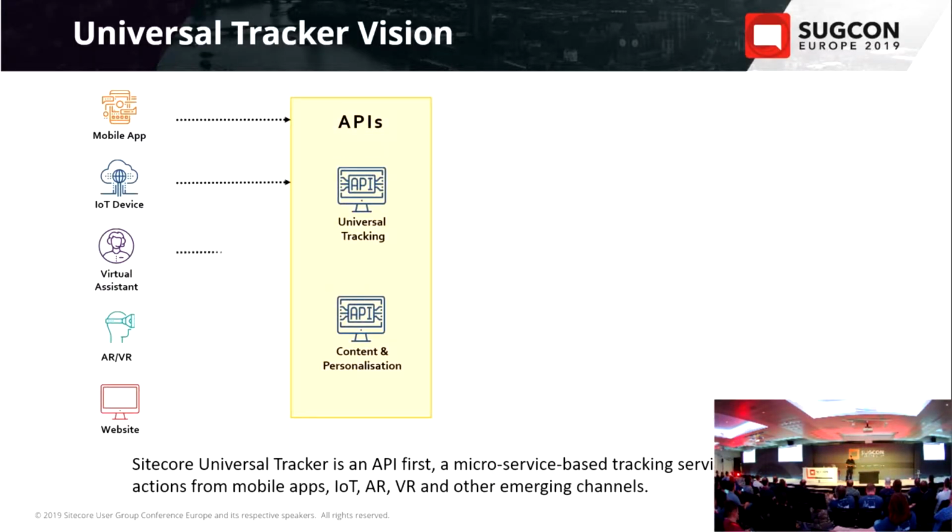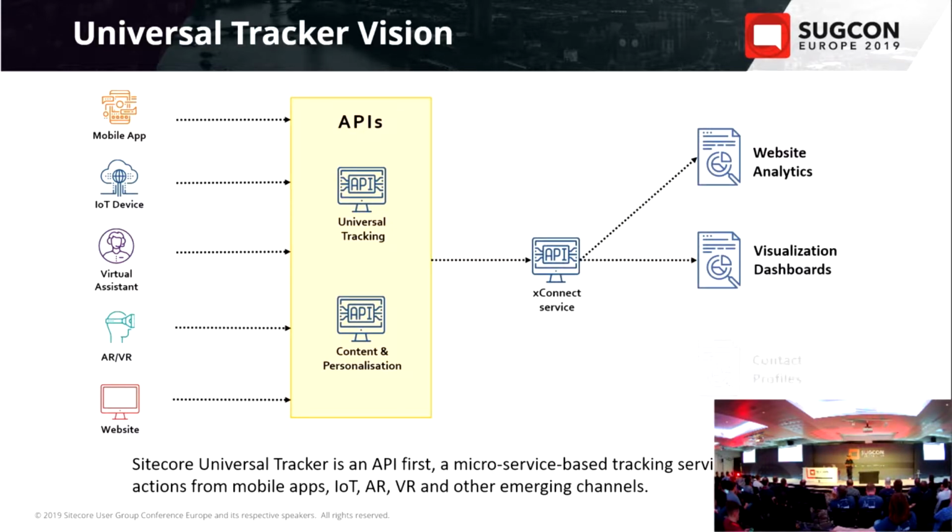And the Universal Tracker vision essentially is to provide a headless experience for tracking. So it's to provide you endpoints to track anything, whether that's from mobile devices, IoT devices, virtual assistants, websites, anything. I mean, our scanners essentially are one of these devices that could be talking into the Universal Tracker endpoint.